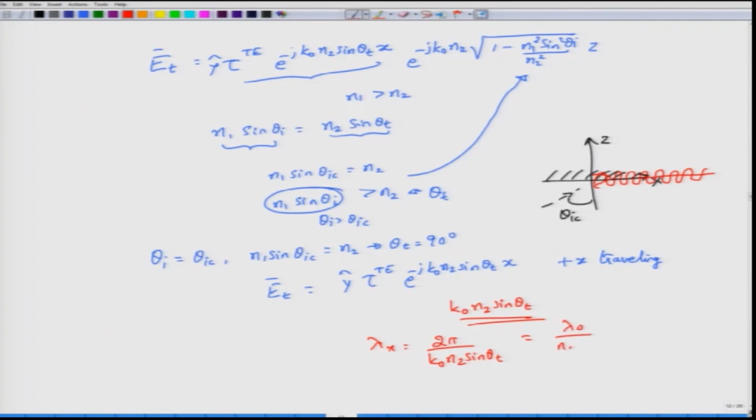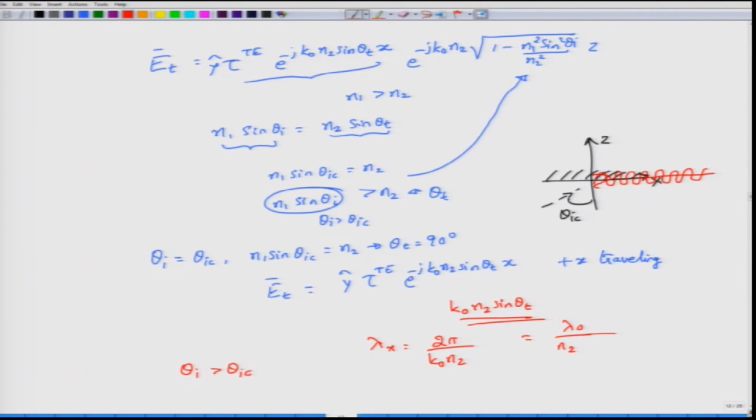So, this is lambda 0 divided by n2 sin theta t. Sin theta t will be equal to 1 in this case, so lambda 0 by n2. It is very interesting that the wave is actually propagating along the interface at theta i equal to theta ic. What happens when theta i is greater than theta ic?